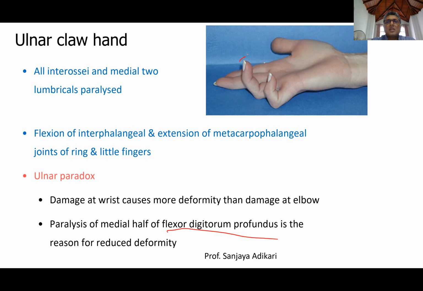So this flexion is less now, because that is due to the unopposed action of flexor digitorum profundus. When that is gone, the flexion is less, so you get less clawing. So that is the paradox that you notice here. Okay, ulnar paradox.